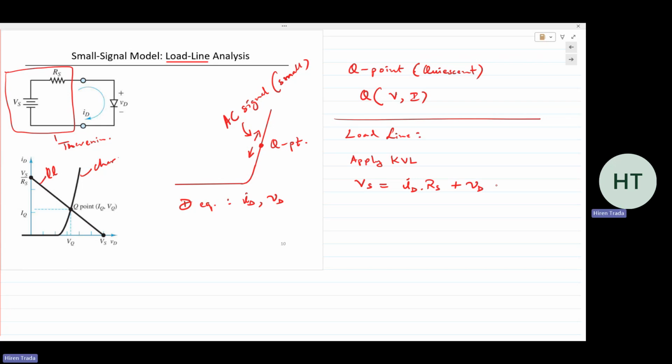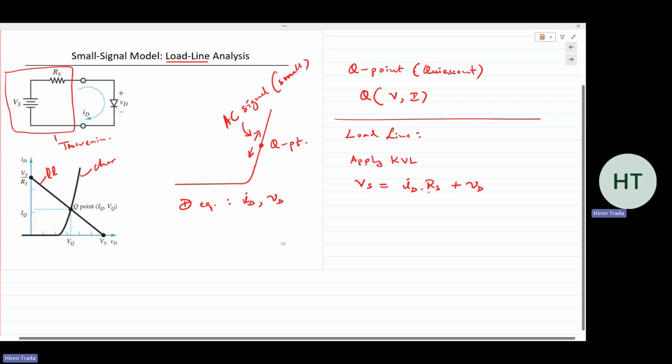One source voltage divided across the resistor and the diode. So Vs is equal to ID times Rs plus VD. Now, two unknowns, but we can plot this as a straight line, because we're at one single point, just at the Q point, so we can treat it as linear at that point.